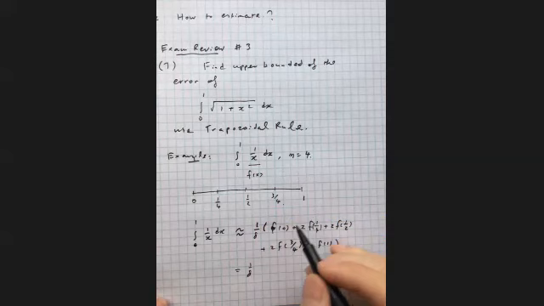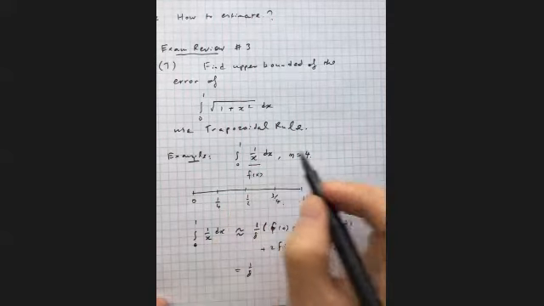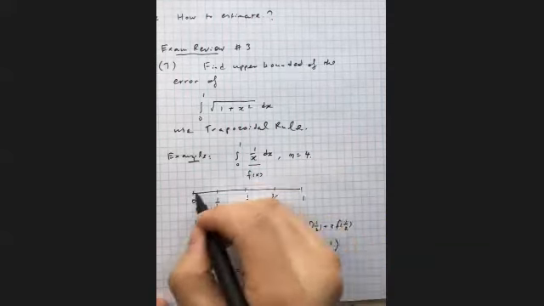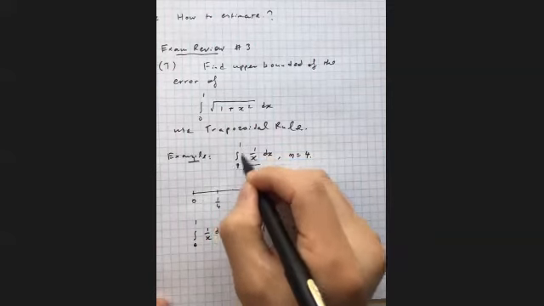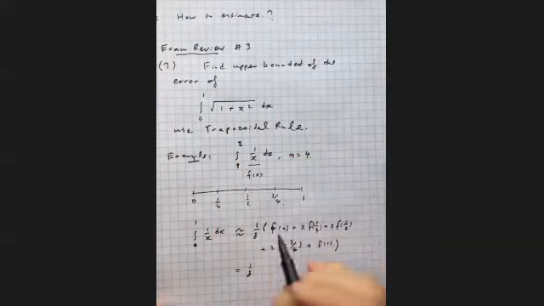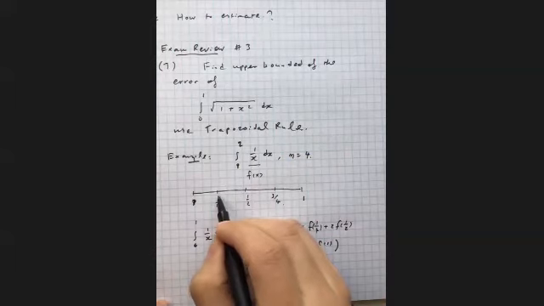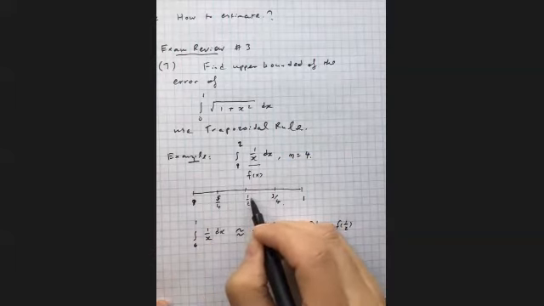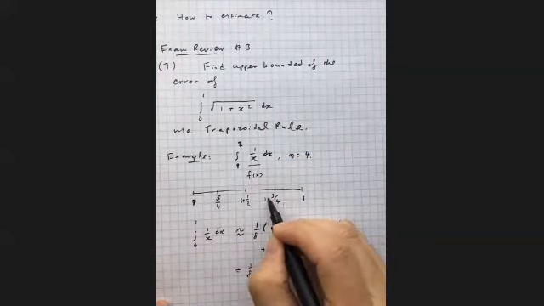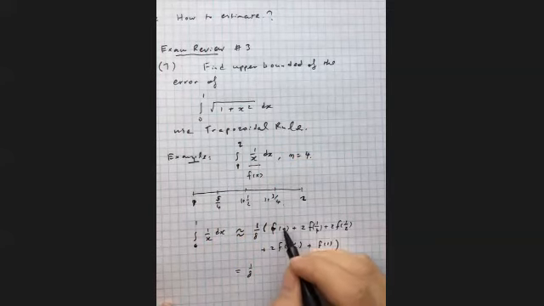For example, in this case I chose a very wrong number. Maybe I shouldn't choose 0 to 1, but 1 to 2, because 0 doesn't make sense. So if this is 1, this is 5 over 4, this is 3 over 2, this is 7 over 4, and this is 2. Everything should be shifted by 1.